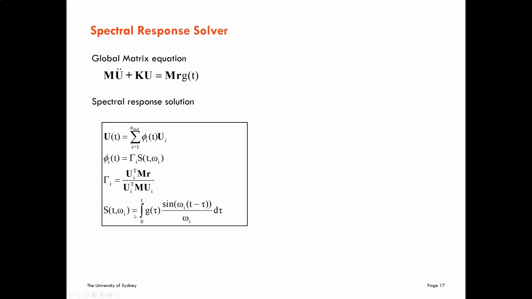So this is the spectral response, but we can make some simplifications because we don't want to integrate this over all the modes of the structure. It would be too complicated and too computationally expensive. So one approximation is to just use the peak response.